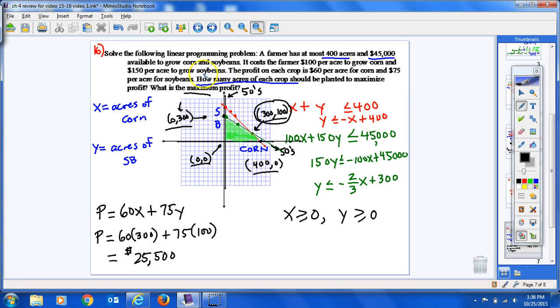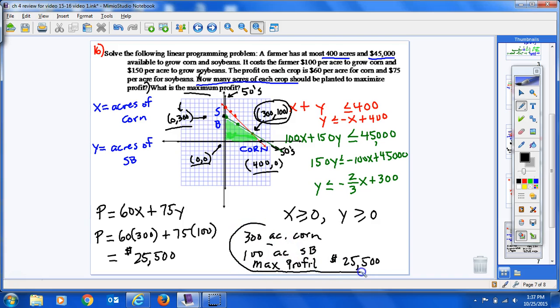So the answer to how many acres of each crop, you would have 300 acres corn, 100 acres soybeans. That would maximize profit. And what is that maximum profit? It would give you $25,500. So that's your final answer for this problem.